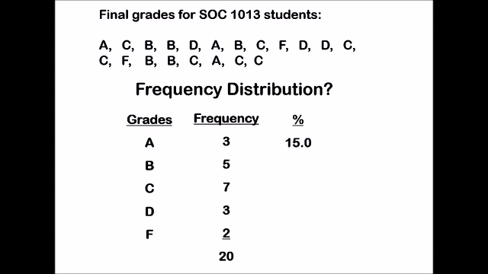So we find that 15% of our students had A's, 25% had B's, 35% C's, 15% D's, and 10% had F's. We had 100% of our sample accounted for within this distribution structure.